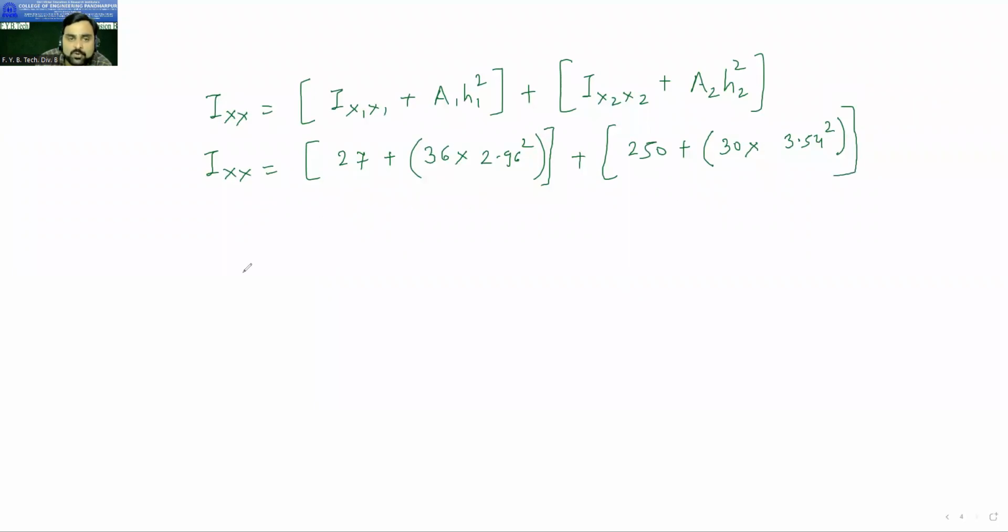So in this way you have to do the calculations so that finally you will get Ixx answer. It is 968.36. I am getting this answer. Please verify the answer.